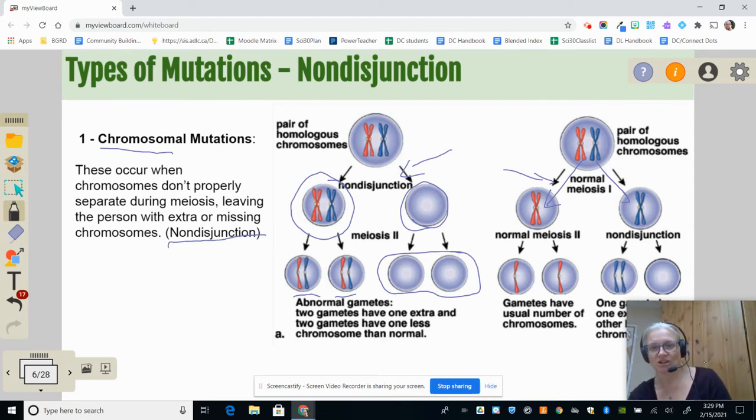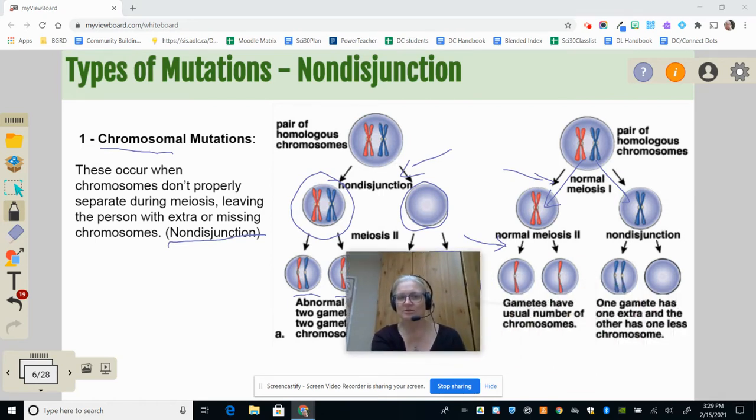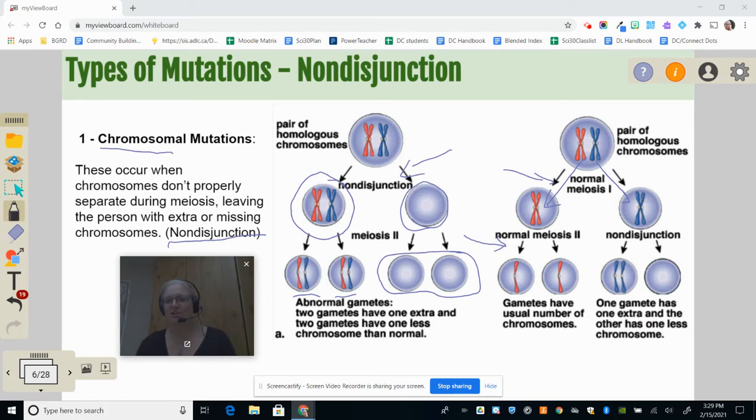This non-disjunction can also occur at the second step of meiosis, where they separate once again. In my image here, you can see a gamete with 1 chromosome, that's the usual number, but now we have 1 with 2 and 1 with none.